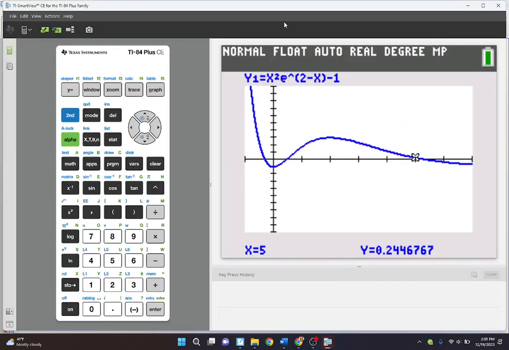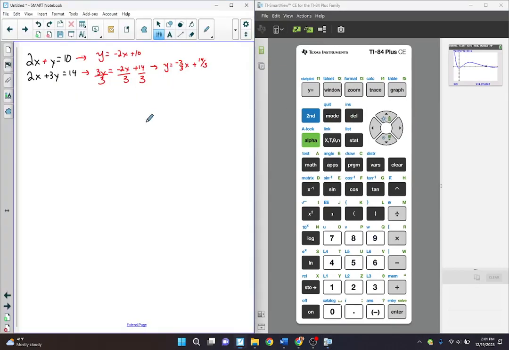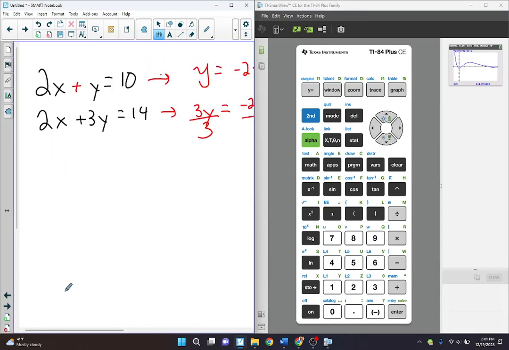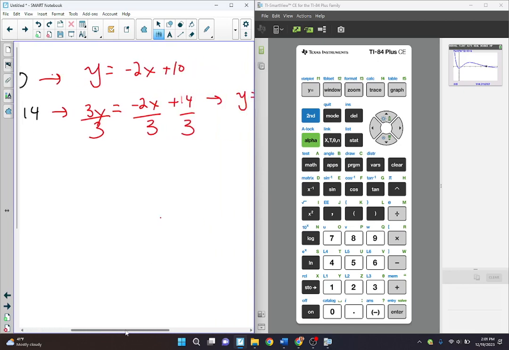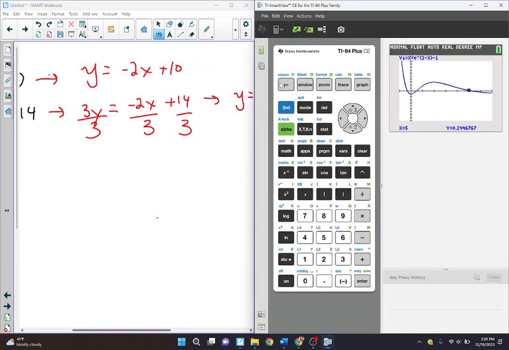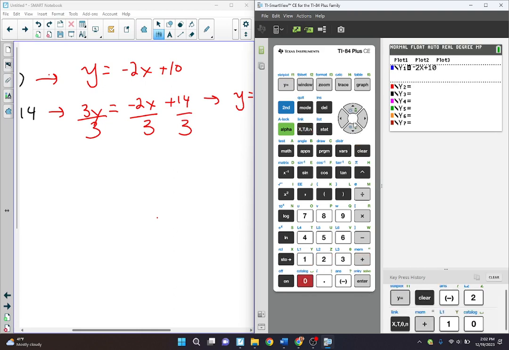All right, so I have the calculator here. First thing, I'm going to plug in this equation. I click y equals on the calculator and plug in negative 2x plus 10.